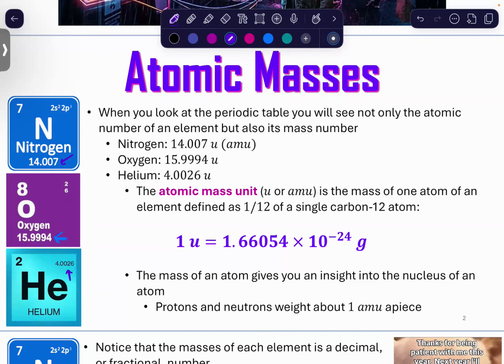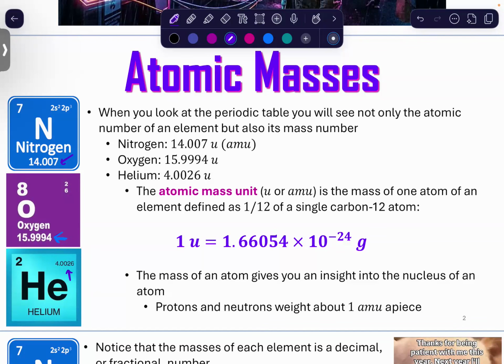So the periodic table will tell us the mass of an atom of an element. As you see, nitrogen is about 14.007 U or AMU. U and AMU, you can use them interchangeably. They mean the same thing. They're atomic mass units.